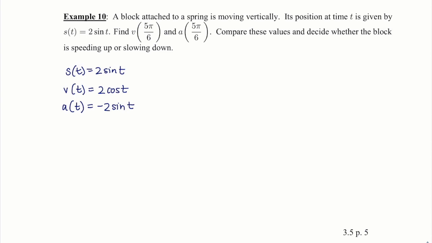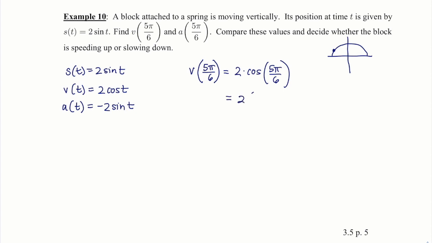So we have those three functions all set. We're asked to find velocity and acceleration at a specific time. V of 5 pi over 6 would be 2 times cosine of 5 pi over 6. And thinking about our unit circle, 5 pi over 6 is over here in quadrant 2. And the cosine value there is negative square root of 3 over 2.